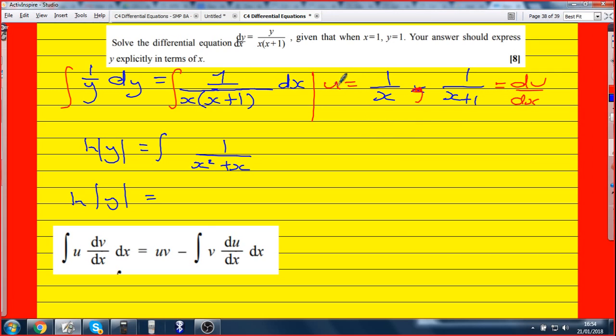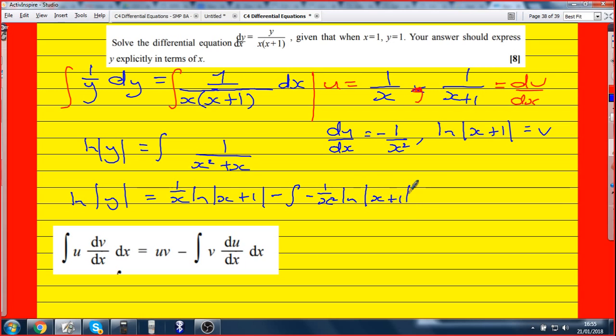Ln x plus 1. Let's just see. What might be easier is if we swap them around.